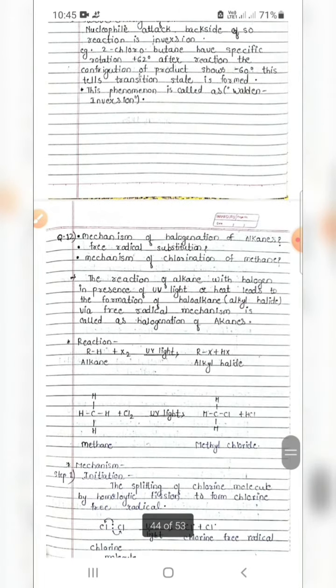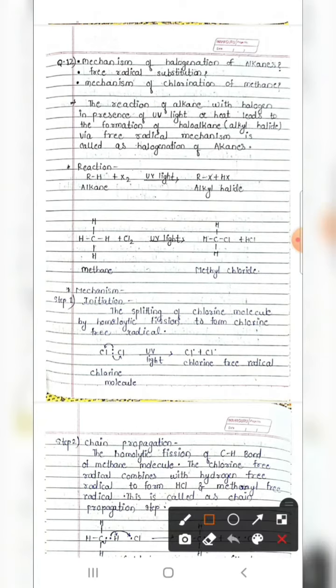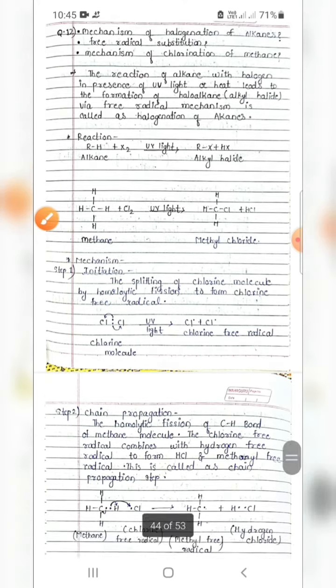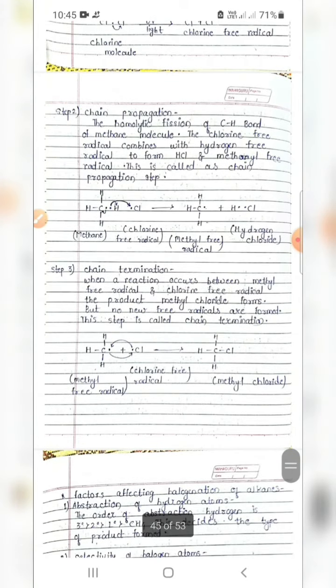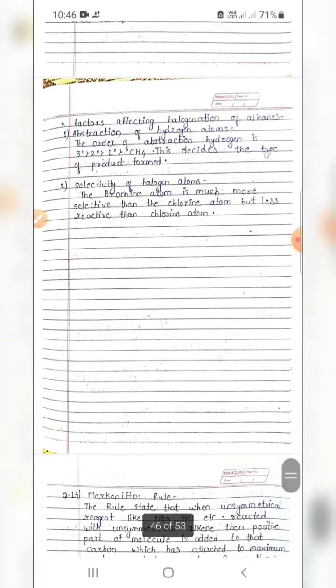Okay, so next question is that discuss mechanism of halogenation of alkane and free radical substitution, and discuss the mechanism of chlorination of methane. This also you have to write with its mechanism. Factors affecting halogenation of alkane.